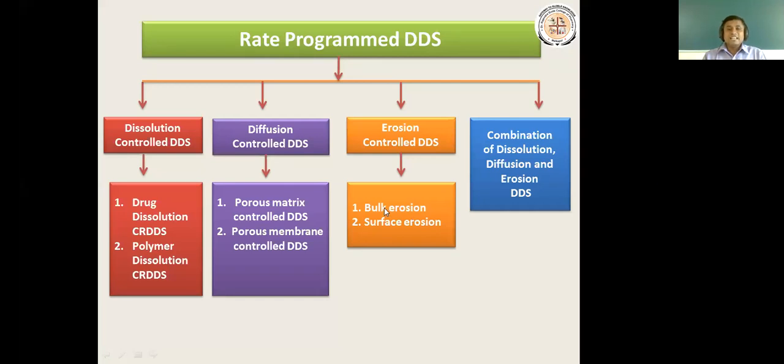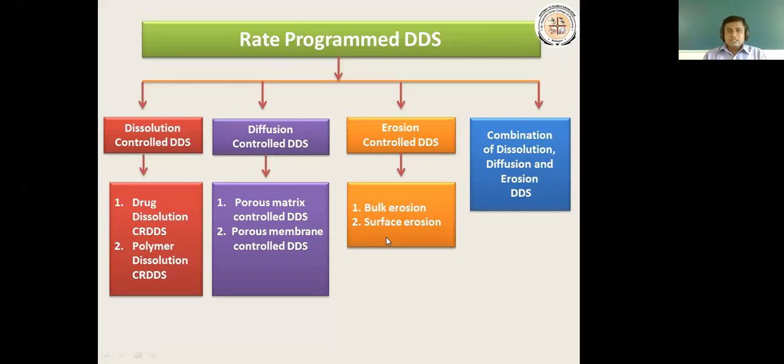It is the physical degradation of a polymer throughout the system. And the second one is surface erosion. In this case, the polymer gets eroded on its surface, and slowly the erosion reaches the center of the matrix. That is called surface erosion.